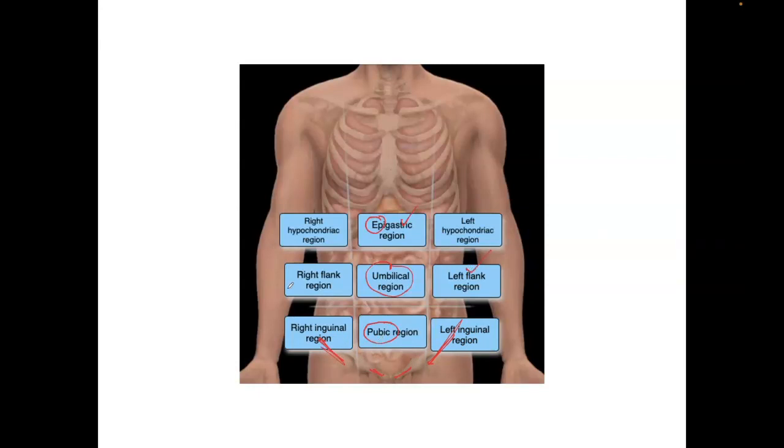There's a left lumbar and a right lumbar, also referred to as left and right flanks. And then just under the rib cartilage is a left and right hypochondriac region. Chondro is rib cartilage. Some people get something called costochondritis, which is inflammation of the rib cartilage.